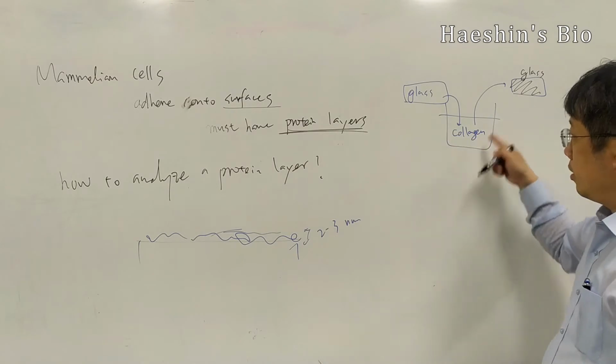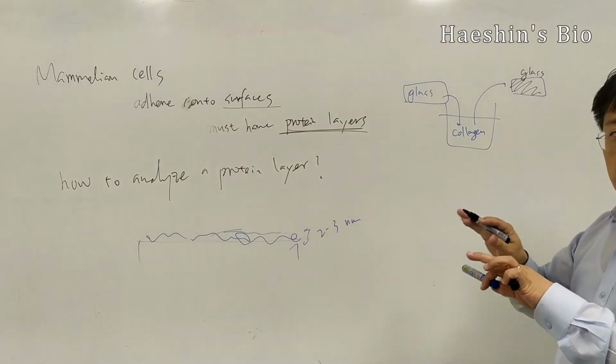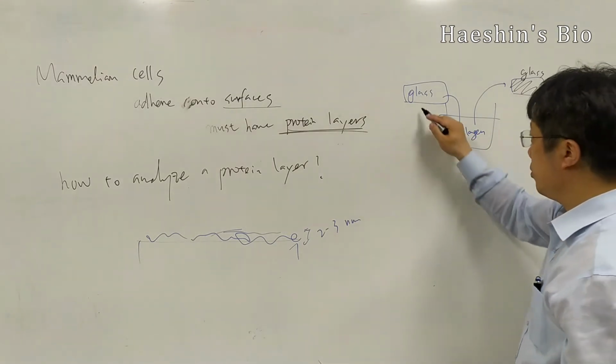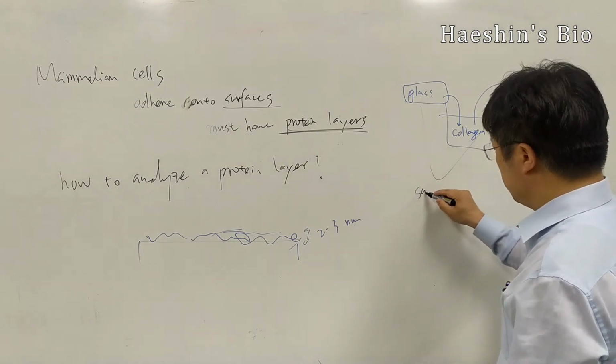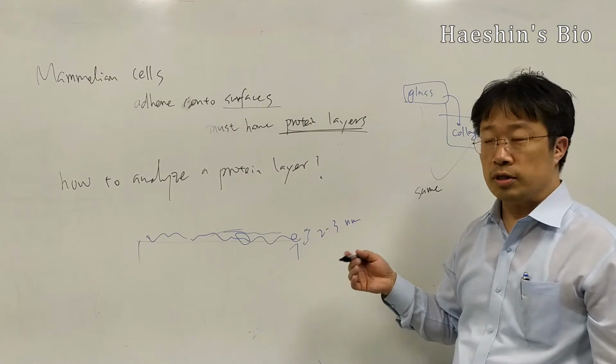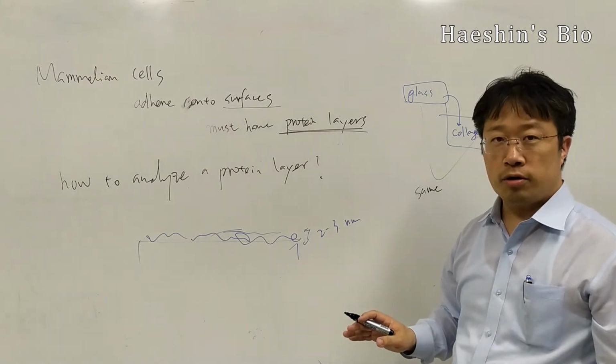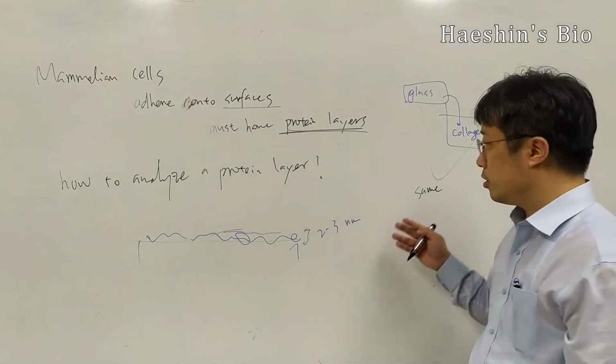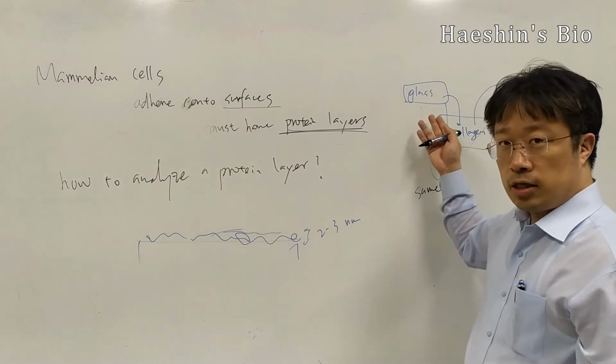But by appearance, it's basically the same, because the protein layer is very thin, and of course proteins don't have any color, right? So it's all transparent glass, even before and after.